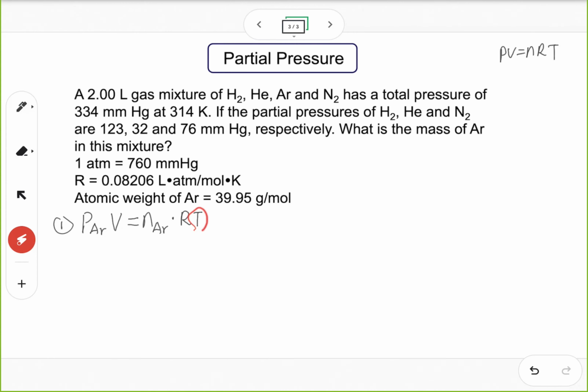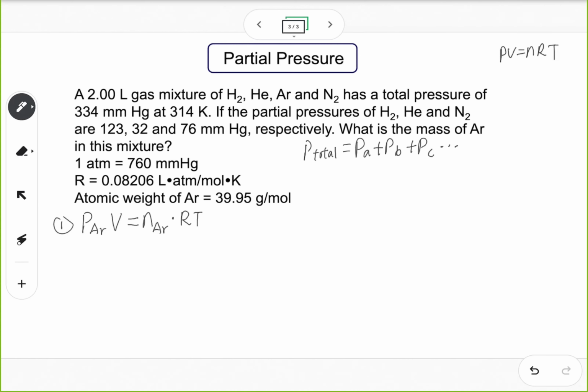Well, the temperature is known, and R, of course, is a constant, but the P argon is not known. But if you check the question, the total pressure is known, and all the other 3 partial pressure data are given. Remember, from the previous discussion, we know that P total equals PA plus PB plus PC and keep going.